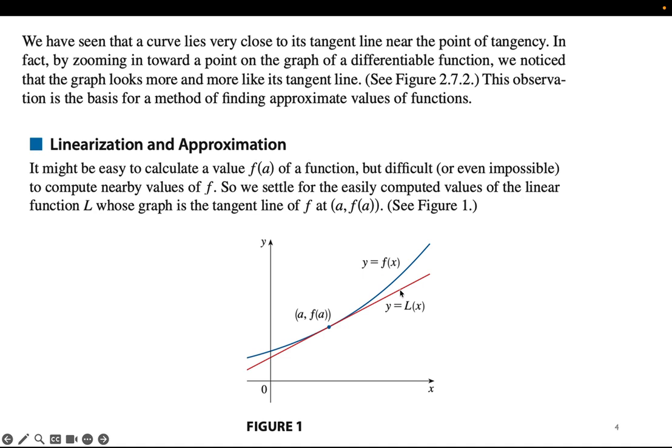Linear functions are the simplest kind of function, and for a lot of the examples we'll see, these linear functions are good enough to approximate much more complicated functions f of x.